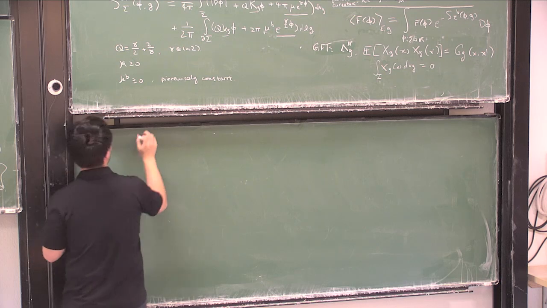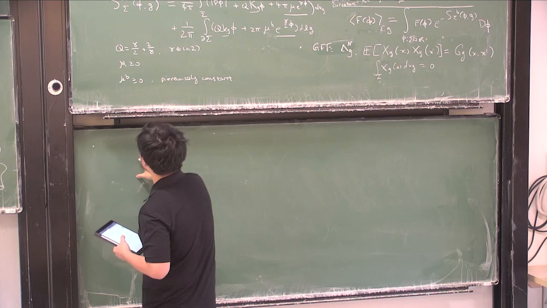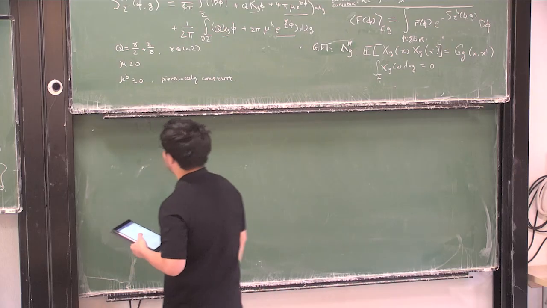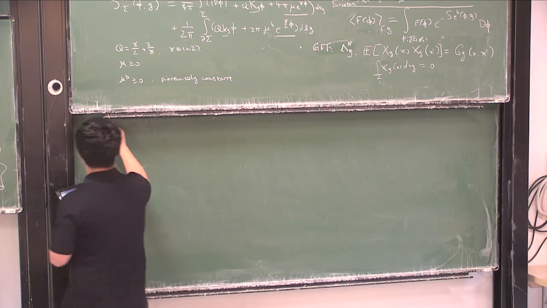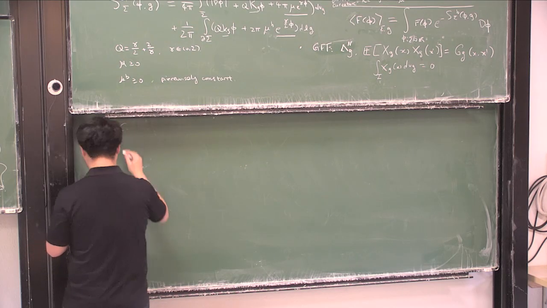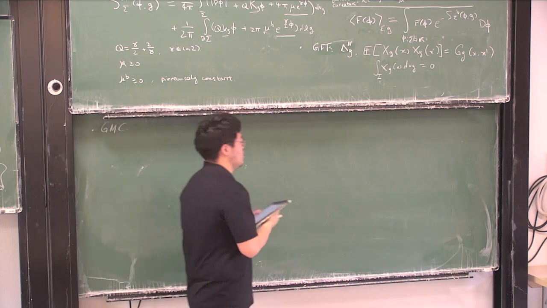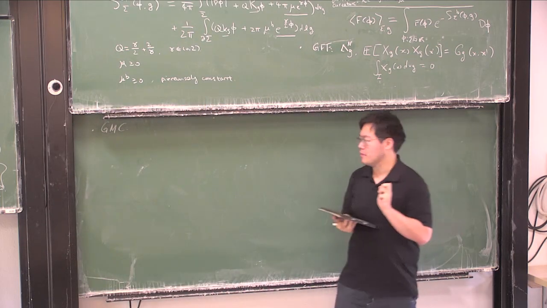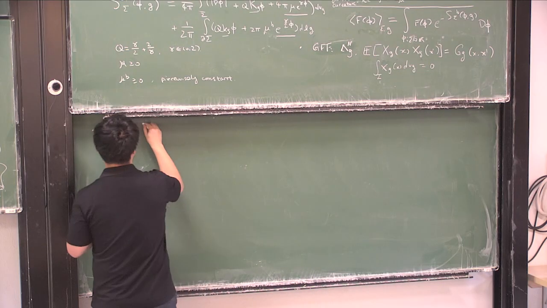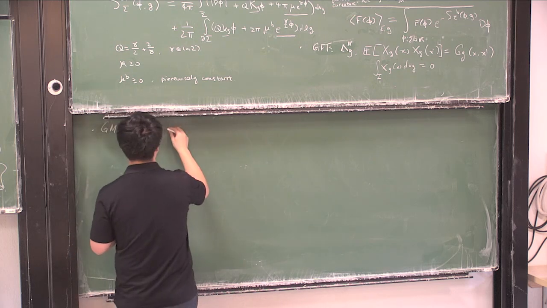Now we introduce the Gaussian multiplicative chaos. There are two kinds of Gaussian multiplicative chaos. Compared to the bulk case, there is only one, but here we have two. There is a bulk Gaussian multiplicative chaos, which we call the bulk GMC.